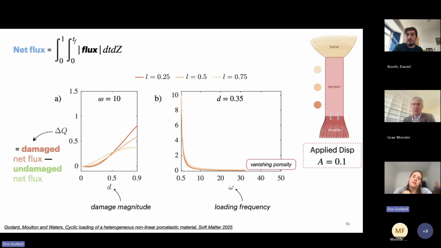The idea of looking at the flux is also because it seems to be one of the things that cells might respond to, not net flux itself, but some kind of flux measure, which is why we wanted to look at the flux as well. But going from this net flux to that is definitely quite far off. Sorry, and this is flux of the fluid component relative to the solid component? That's what you meant. Yeah. Okay, thank you. A nice talk. Thank you.